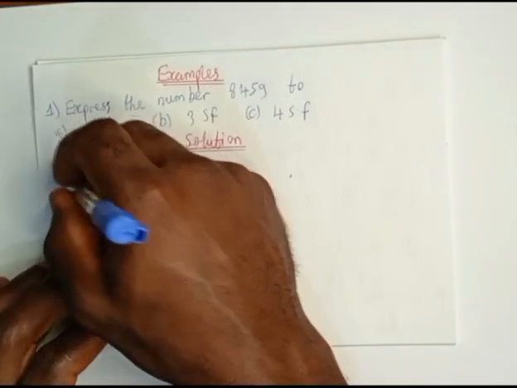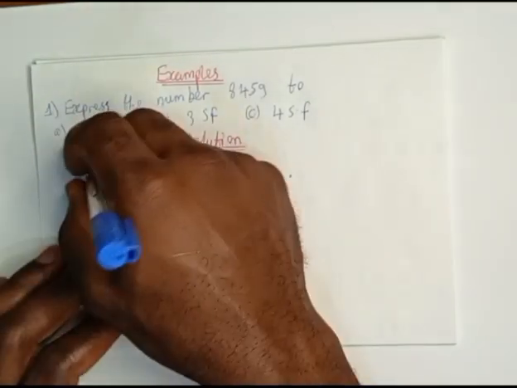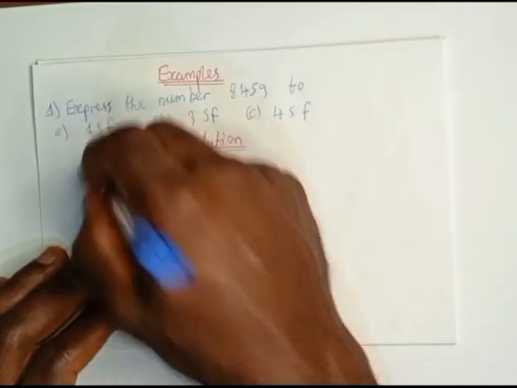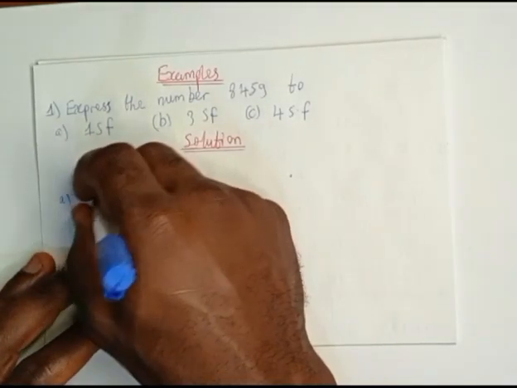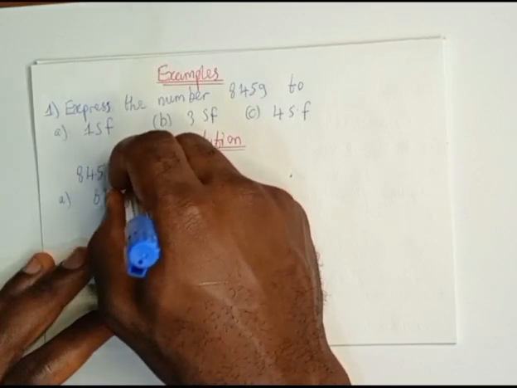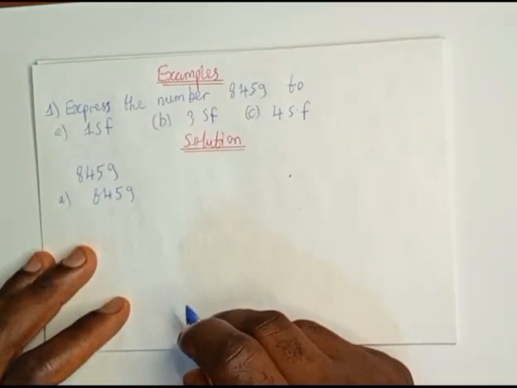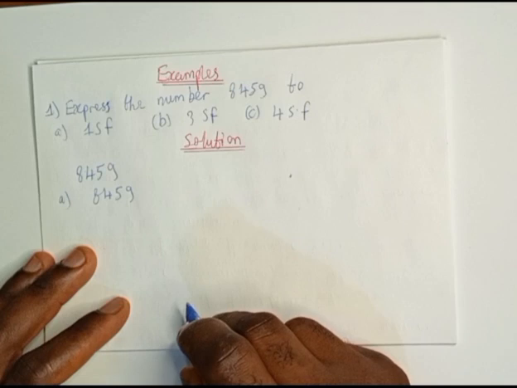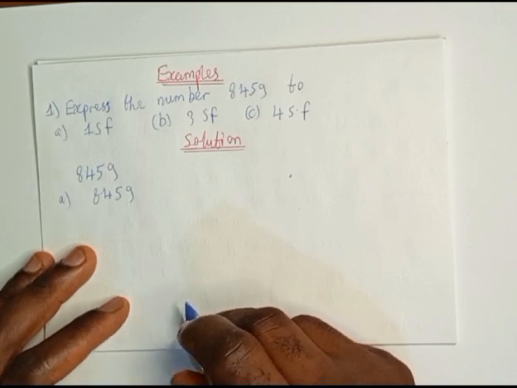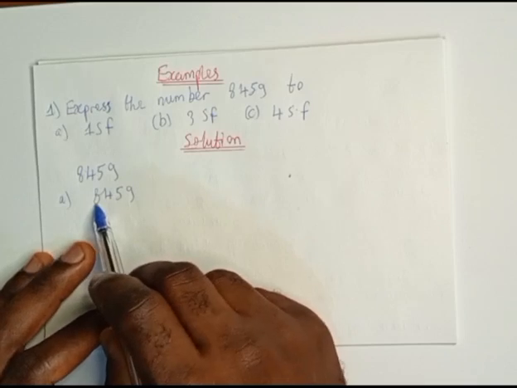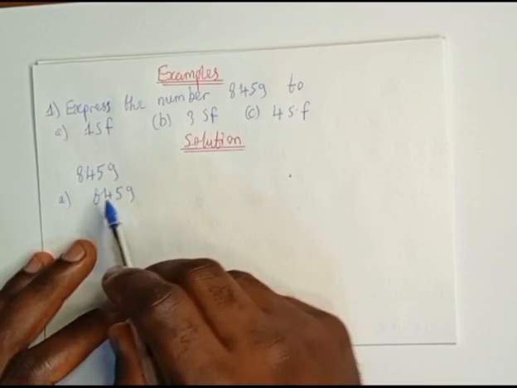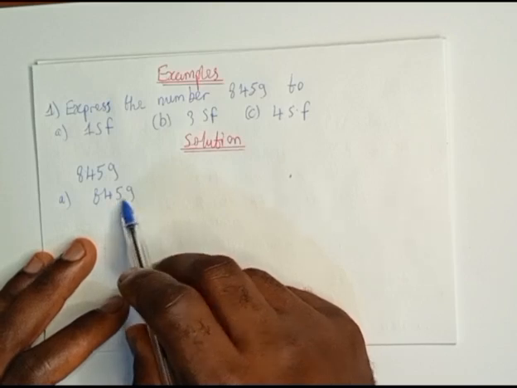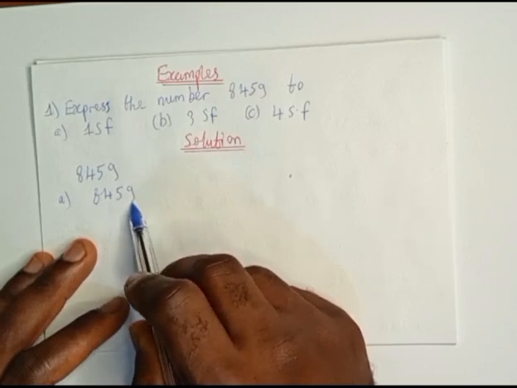First, we start by writing down the given number 8459. For A, we have to express this number to one significant figure. Remember, we start counting the significant figures from the first non-zero digit of the number, starting from the left hand side. This is the first significant figure. 8, 4 is the second, 5 is the third, and 9 is the fourth.